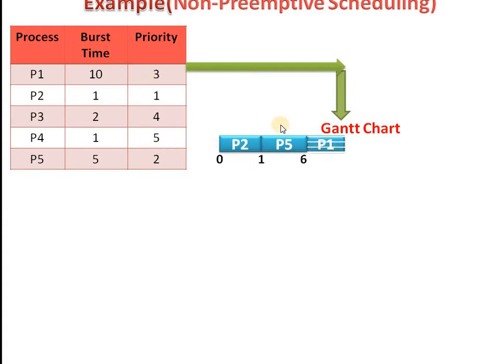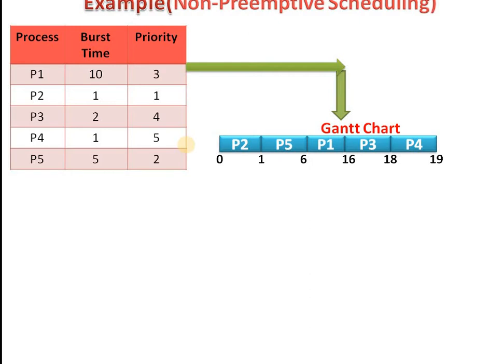Next P1 gets executed, it has 10 milliseconds, so 6 plus 10 is 16. Next P3 will be executed, it requires 2 milliseconds, so 16 plus 2 is 18. And finally P4 will be executed because it has the lowest priority, it's a 5, and it requires 1 millisecond. It's 18 plus 1 is 19.